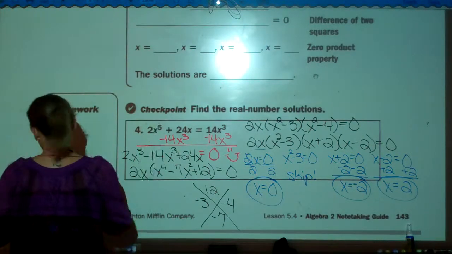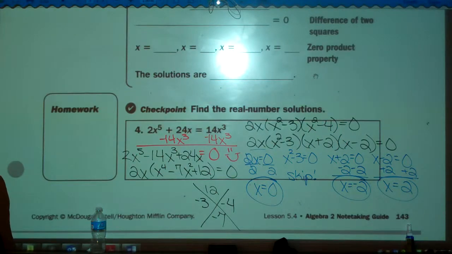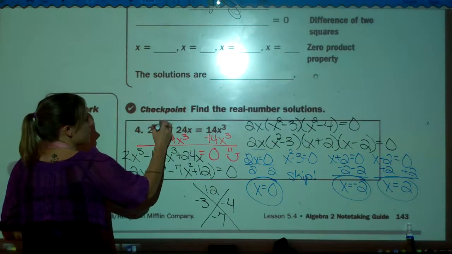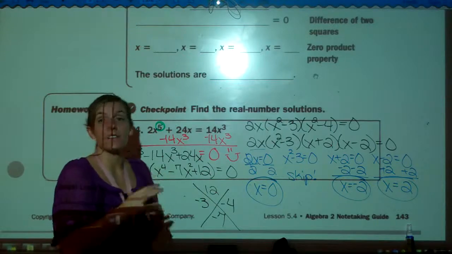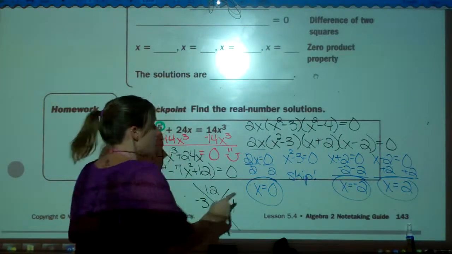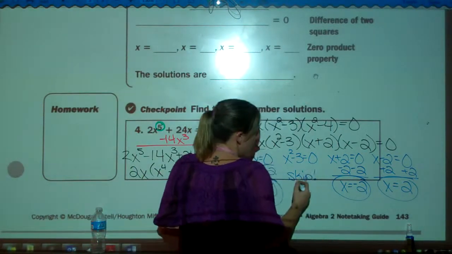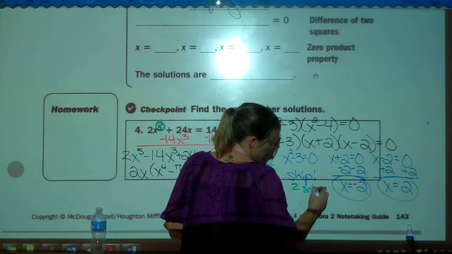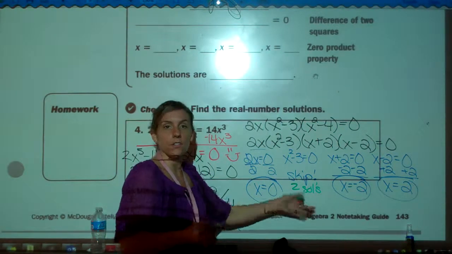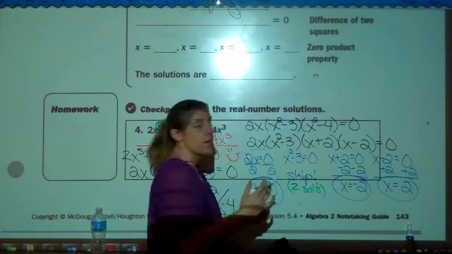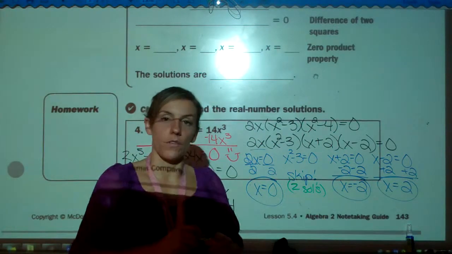Originally, we should have 5. This x to the 5th tells us that there should be 5 solutions. So here's 1, 2, 3 of them, and this one has 2 solutions, and this one has 2 solutions. We just didn't find them because we haven't gotten to that part of our solving yet.